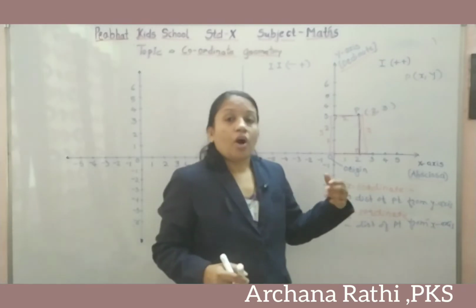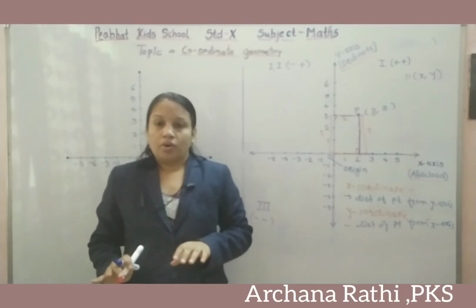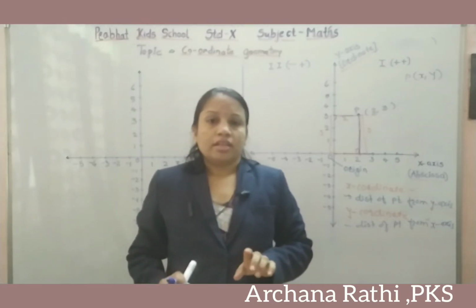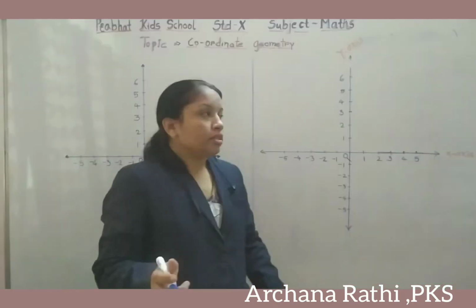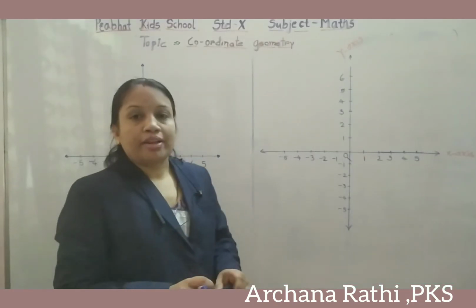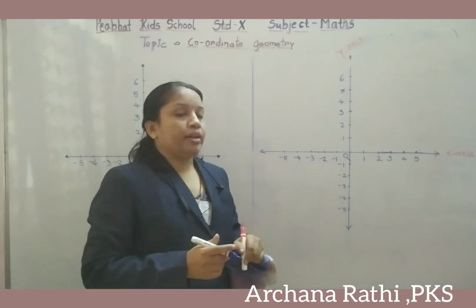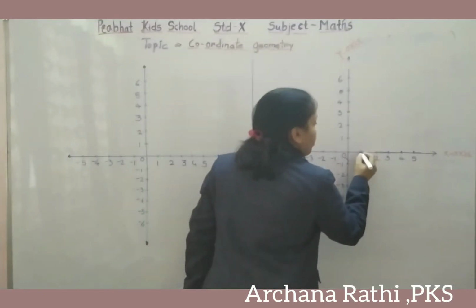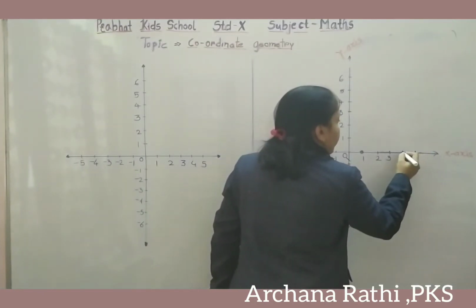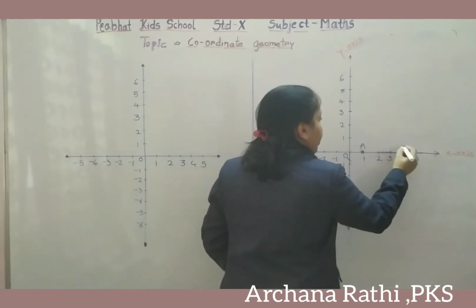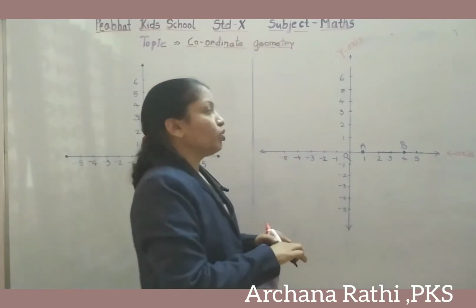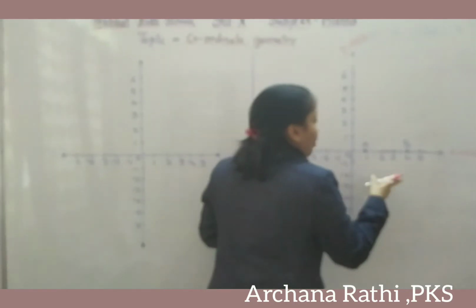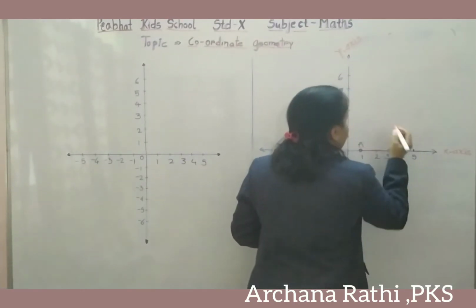Now let us see how to find distances in the coordinate plane. Let's see how to find the distance between any 2 points by using the Cartesian plane. Suppose that both the points lie on the same axis. Suppose this is the point A and B. Now, how to find the distance between these 2 points, that is AB?